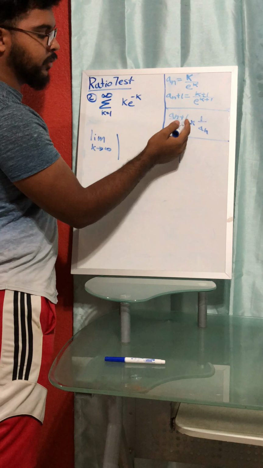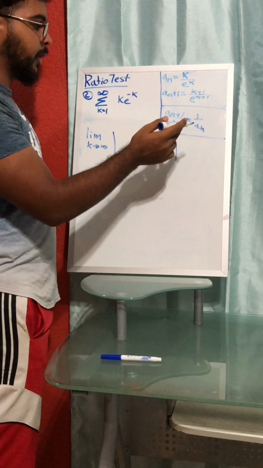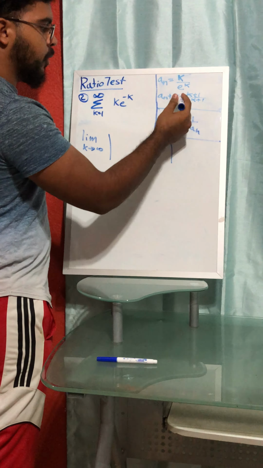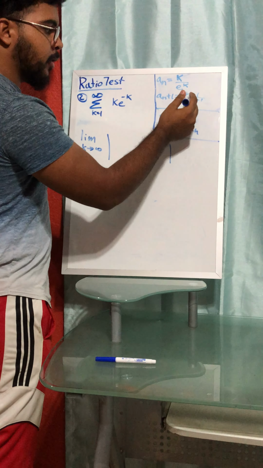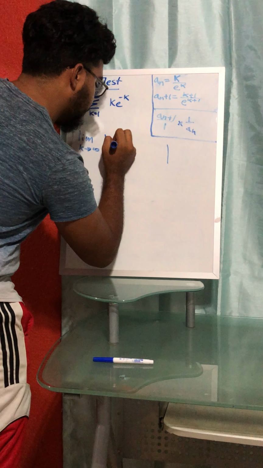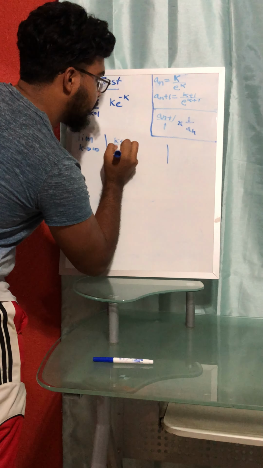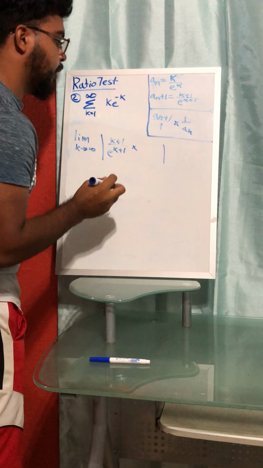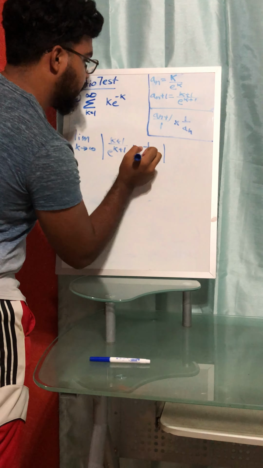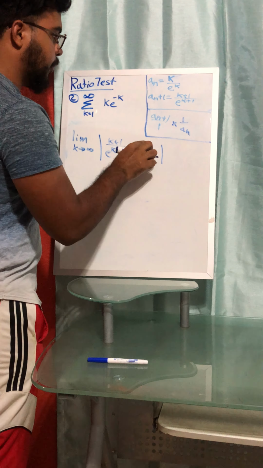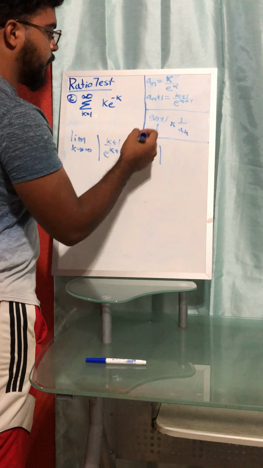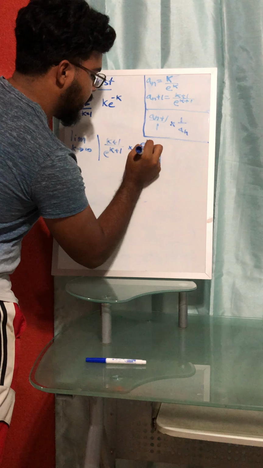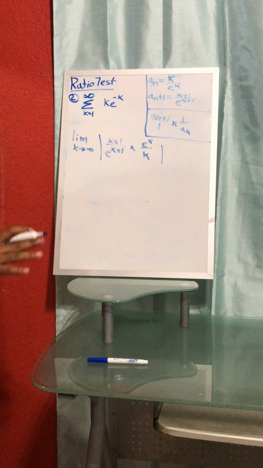And we will be writing this formula, but substituting already in it. So a_(n+1) over 1 is just k plus 1 over e raised to the power of k plus 1, multiplied by, well, we'll already be reciprocating, so that will be e^k over k. So that's that, right?